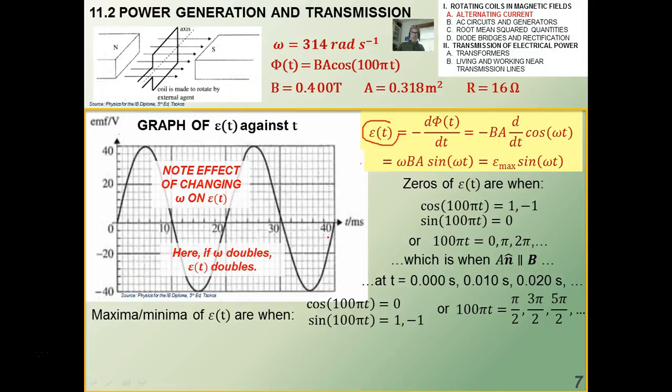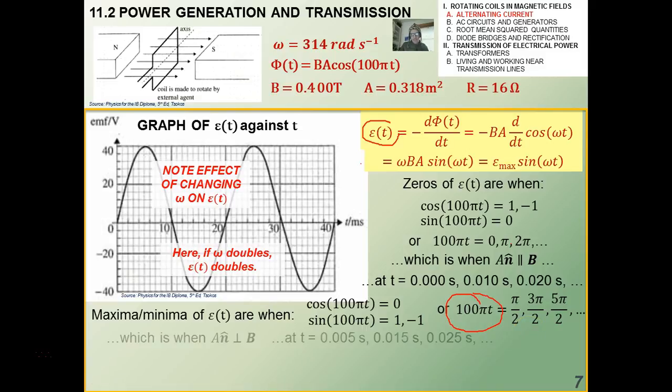The maxima or minima are just the opposite. It's when the cosine is equal to 0 and the sine is 1 or negative 1, and you know from your basic math that this argument in the parentheses is either pi over 2, 3 pi over 2, 5 pi over 2, because I'm dealing with a cosine argument.